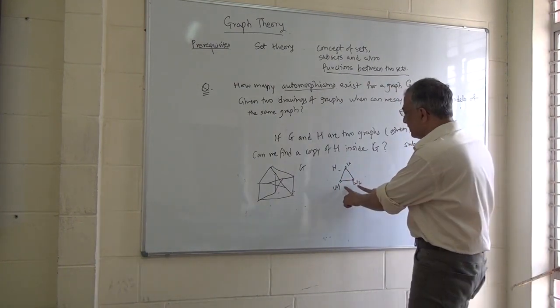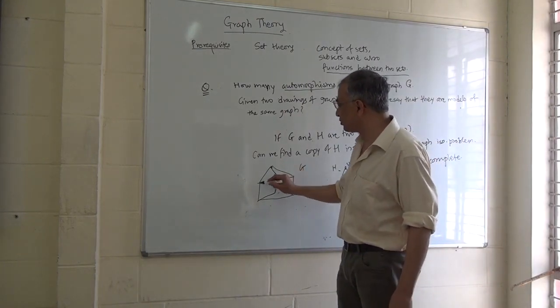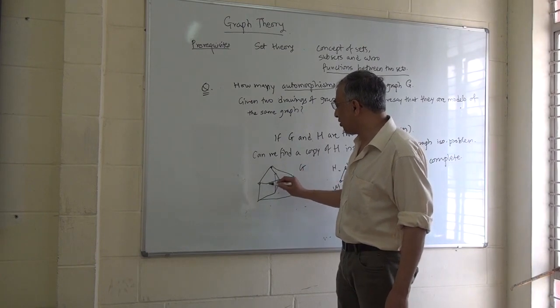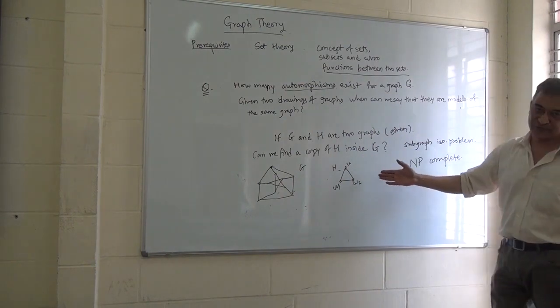So there is a common neighbor here. But in the Petersen graph, there is absolutely no way that any two vertices which are joined have a common neighbor at all. So there is no triangle. In this case, the answer is negative.